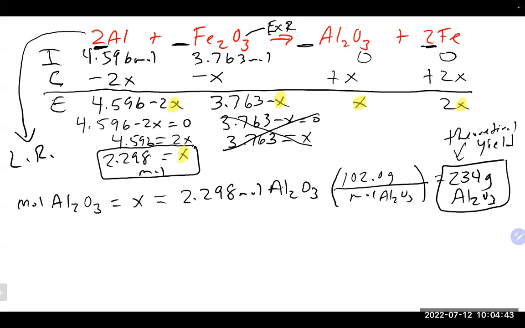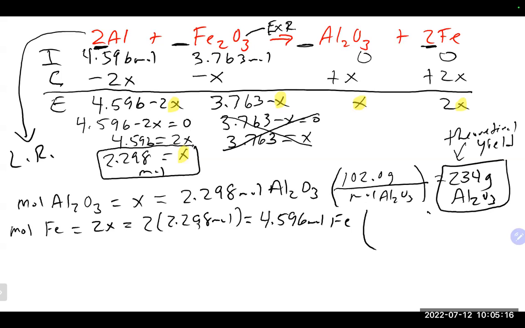Now, the benefit of this is what happens if I want to know how much iron I would produce. I could go to my table and see really quickly that the moles of iron is equal to 2 times X, which would be 2 times 2.298 moles, which would tell me that I would have produced 4.596 moles of iron.